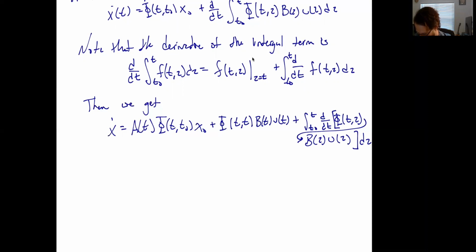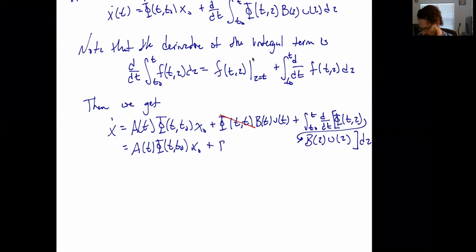So now let's keep going. Now we have a of t, phi of t, t naught, x naught, due again to the properties of the state transition matrix as I presented last time. This term where the two arguments are the same, phi of t, t, is just equal to the identity matrix.